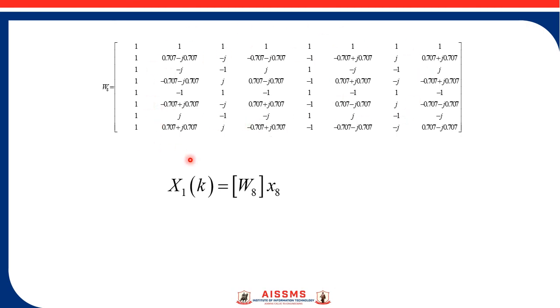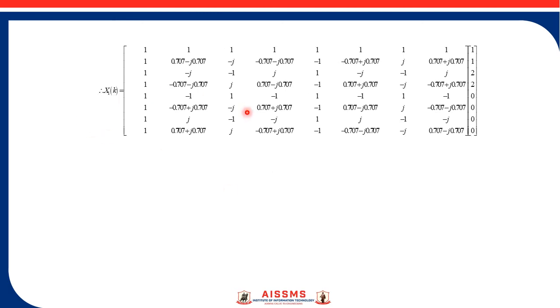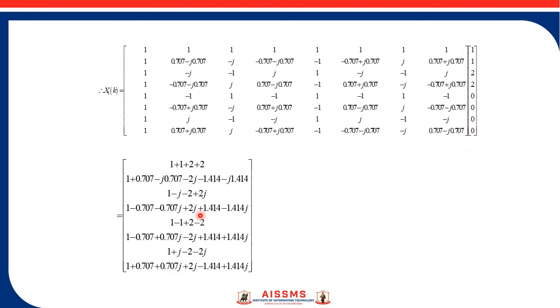And what is the formula for computing DFT? It is X(k) is equal to W8 into the x vector, that is the input sequence. So in this equation I have multiplied this W8 matrix with this input vector, which is x1(n), and the matrix multiplication is done.